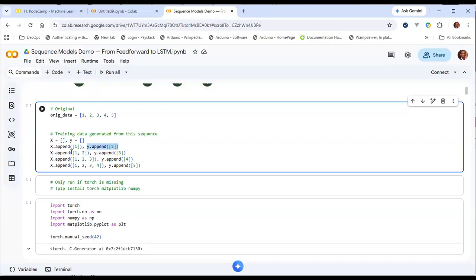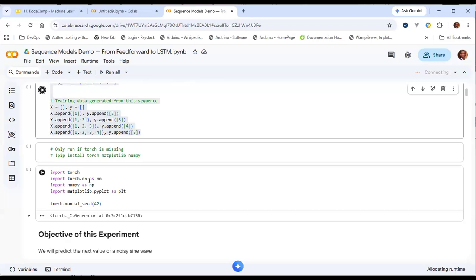Then if x is 1, 2, that means the sequence is 1, 2, then y should be the next number in that sequence, and that's 3, right? And it just goes that way: 1, 2, 3, then it should predict 4. 1, 2, 3, 4, then it should predict 5. That's it. That's how you generate training data from a sequence, and this will be the pattern that we'll be using a lot.